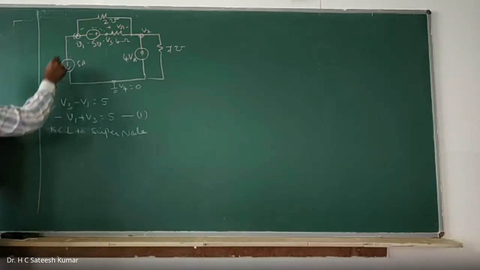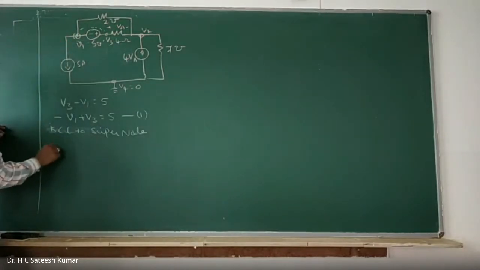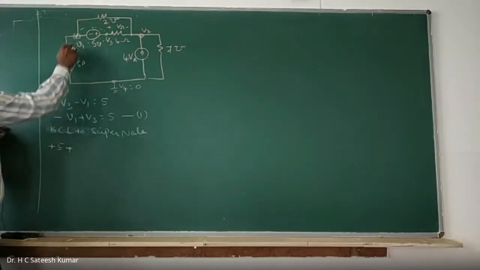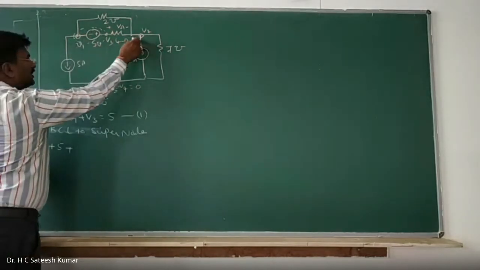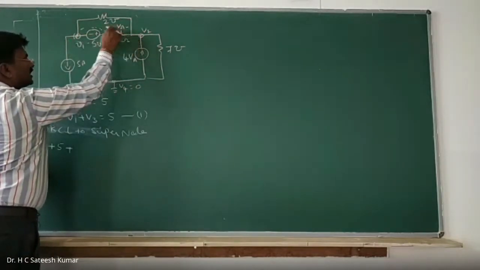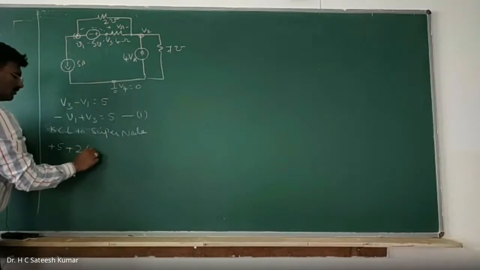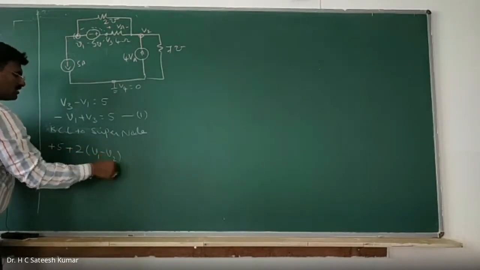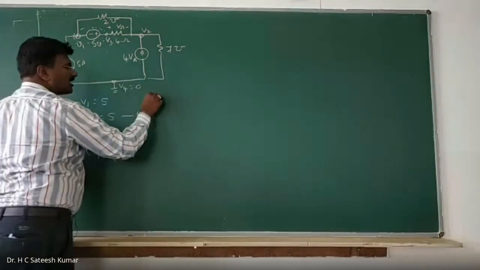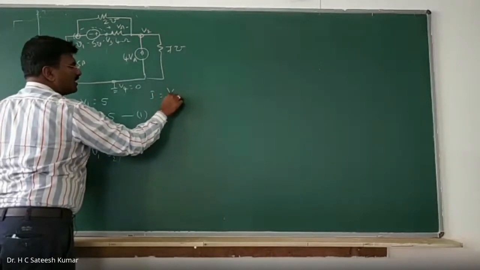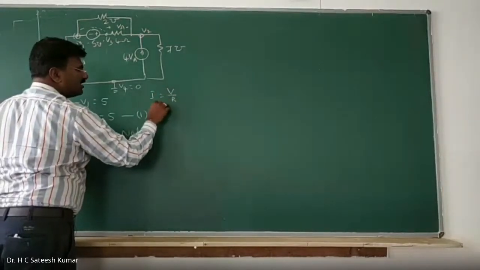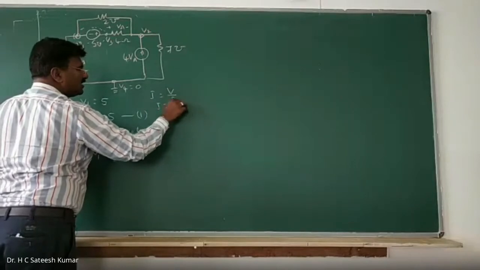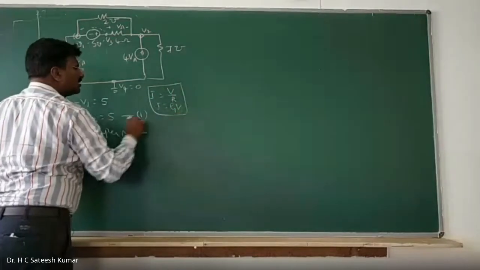You can write it: current leaving, plus 5 plus 2 into V1 minus V2. Since he has given the conductance, as I said, current is equal to V by R, and 1 by R is G, so I is equal to G into V, because here in this question conductance is given.